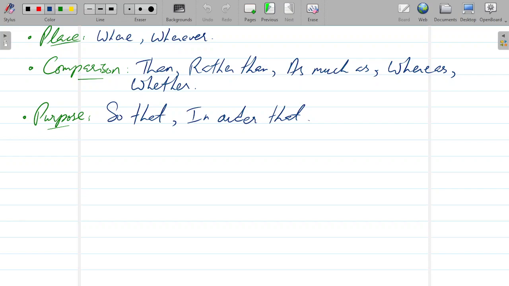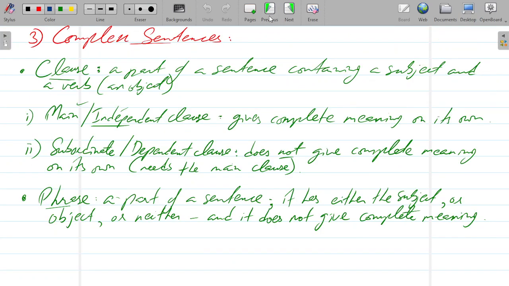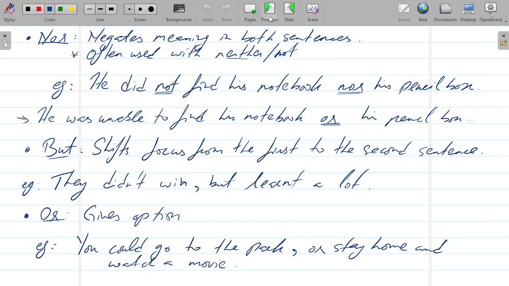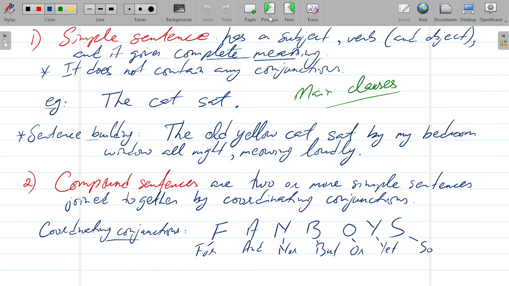So today we'll be continuing with our grammar review, and the last time we talked about sentence structure. We covered simple sentences, which are basically one main clause, as long as it does not contain any sort of conjunction. So you can have a long sentence, right?